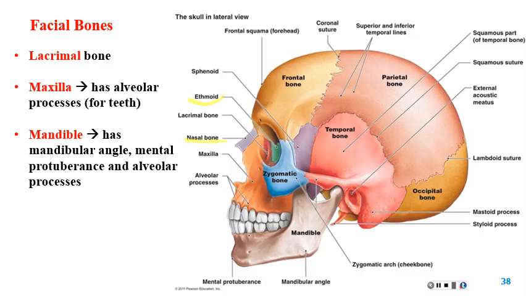Okay, thing that I did not mention before, alveolar processes. Those are important for attachment of your teeth to the bones, okay? But you know that the teeth are not fused to the bones. There is a very tough fibrous connective tissue that is going to attach your teeth to the bones.